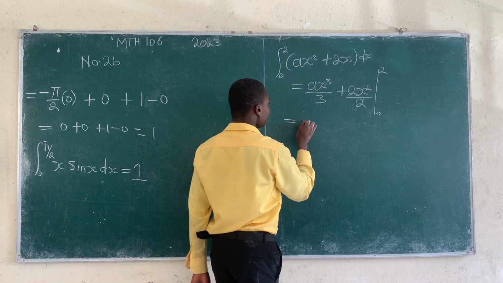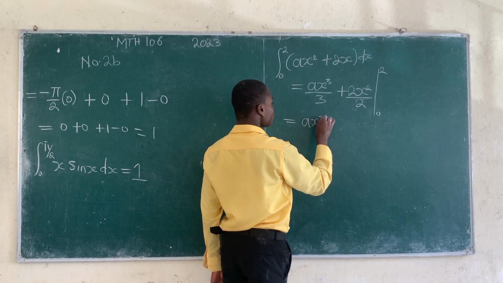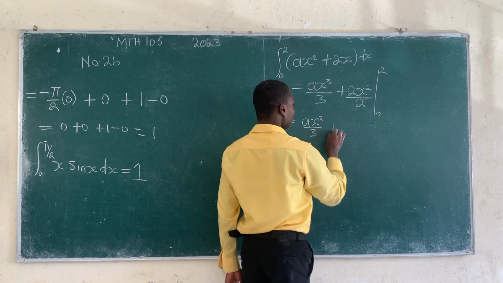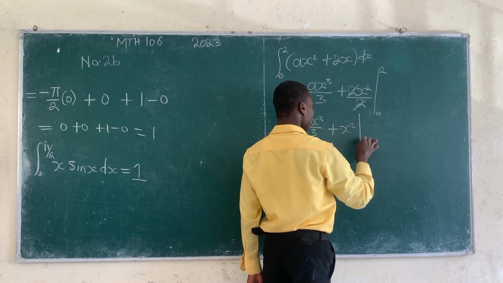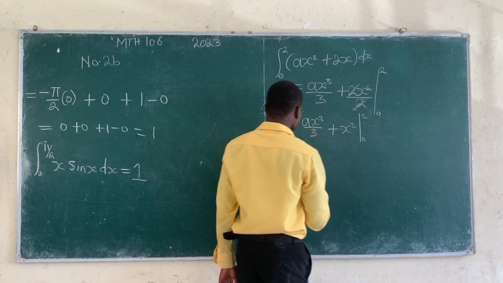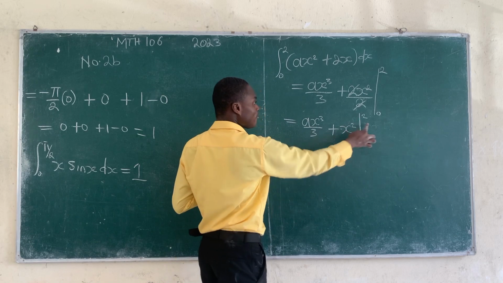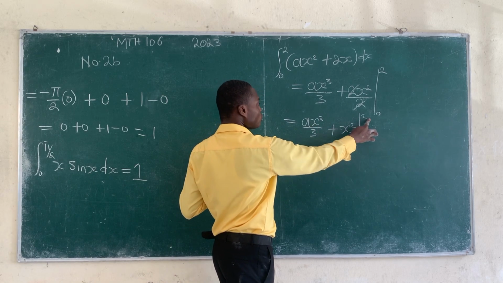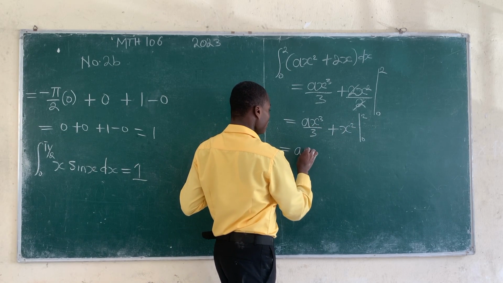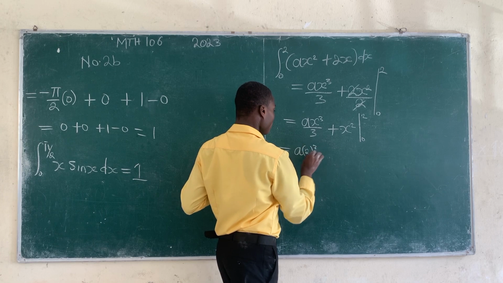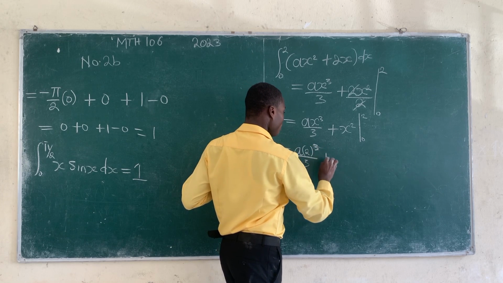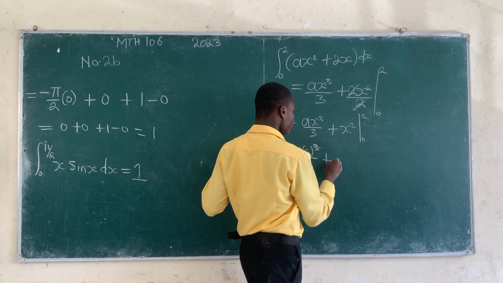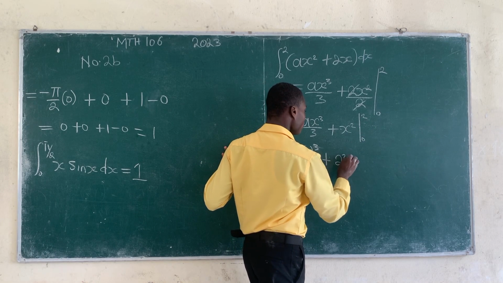So what we have here is ax cubed over 3 plus 2, we cancel 2, x squared from 0 to 2. So let's evaluate this. We said in place of x, you substitute 2. We have a into 2 raised to the power of 3 over 3, plus in place of x, you substitute 2, 2 to the power of 2.